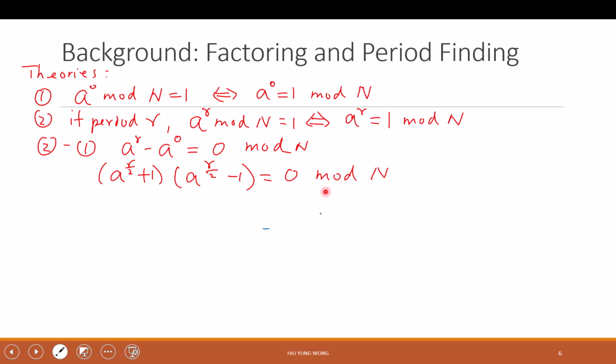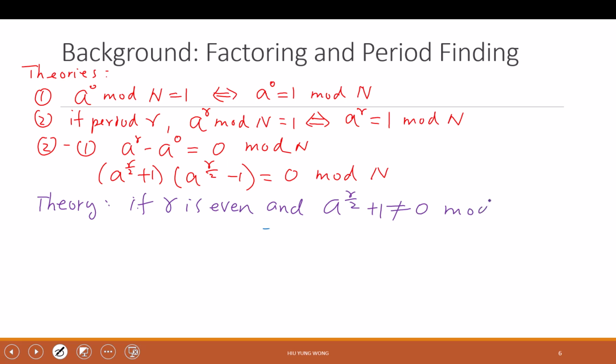We do this so that we can think in a way like what we think in regular algebra, although we are talking about modulus n. And then this is the theory, right? If R is even, okay, R needs to be even, and a to the power r divided by 2 plus 1 not equal to 0.